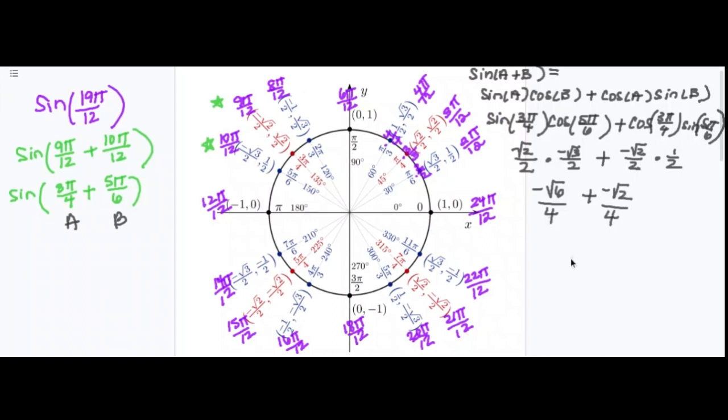Because these both have the same denominator, I can put it over 4. And I can write negative square root of 6 plus negative square root of 2. So the sine of 19 pi over 12, the exact value for it is this right here.